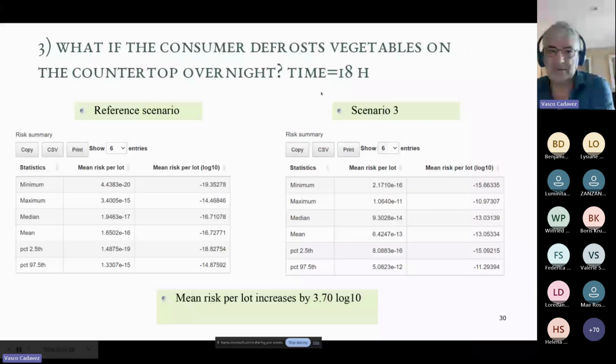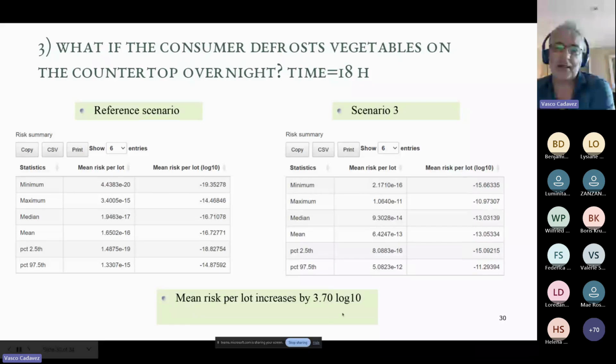The third scenario, if you defrost overnight, so you expect growth, what happens to the risk? The mean risk in the reference, and the mean risk in this scenario. You can see, from minus 16.7 to minus 13.1.